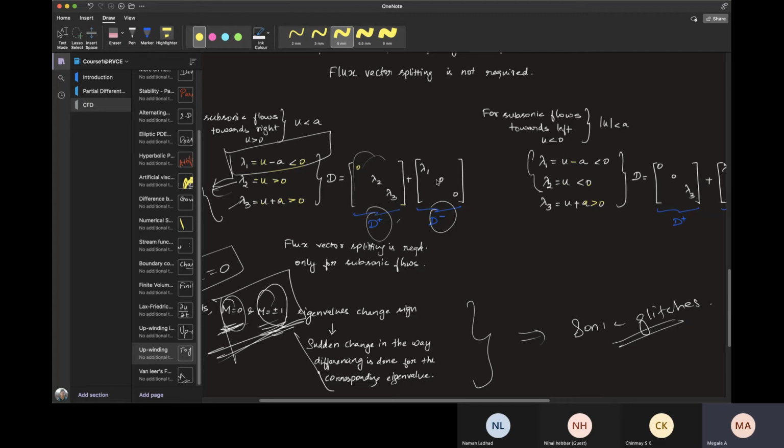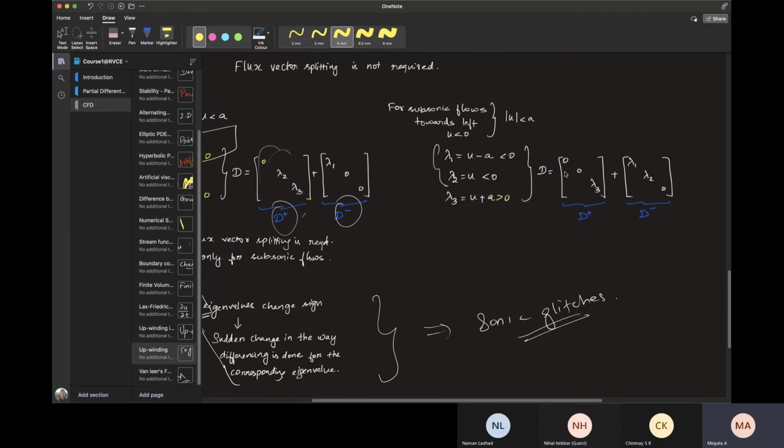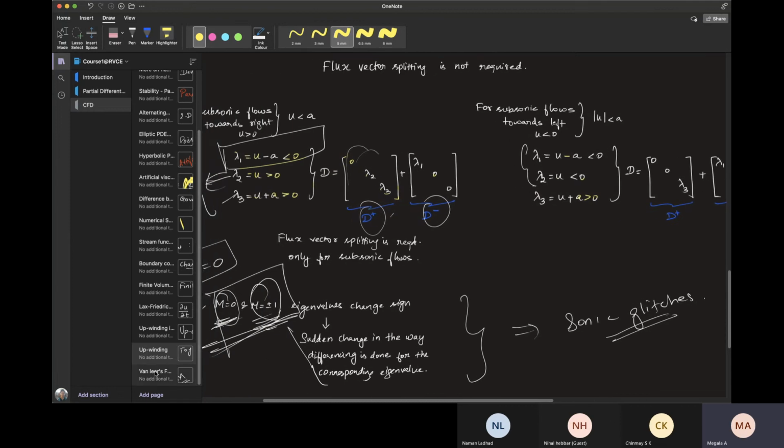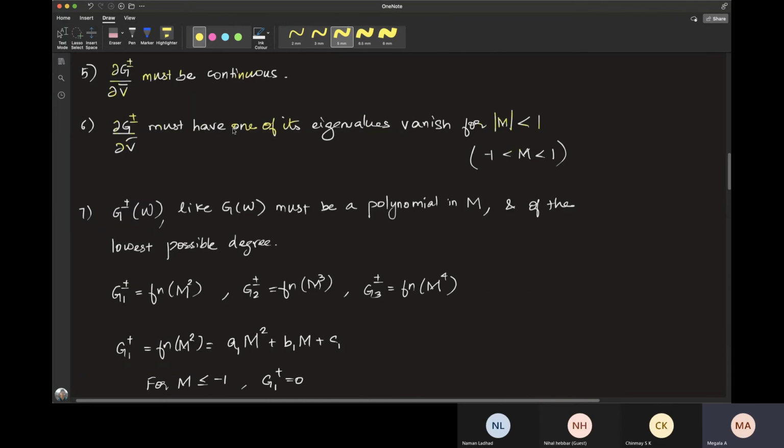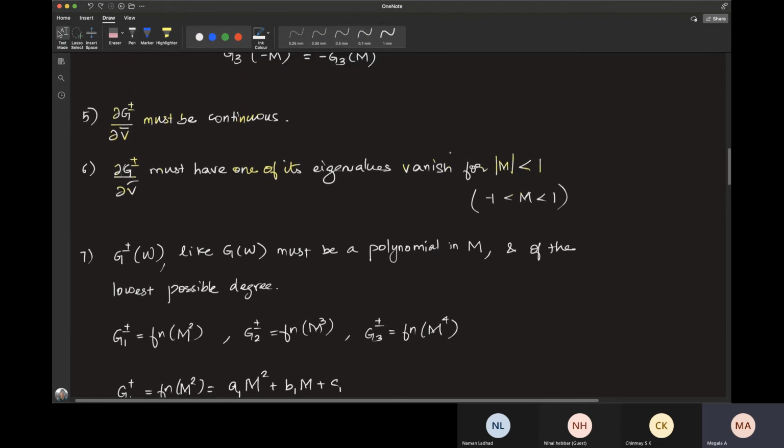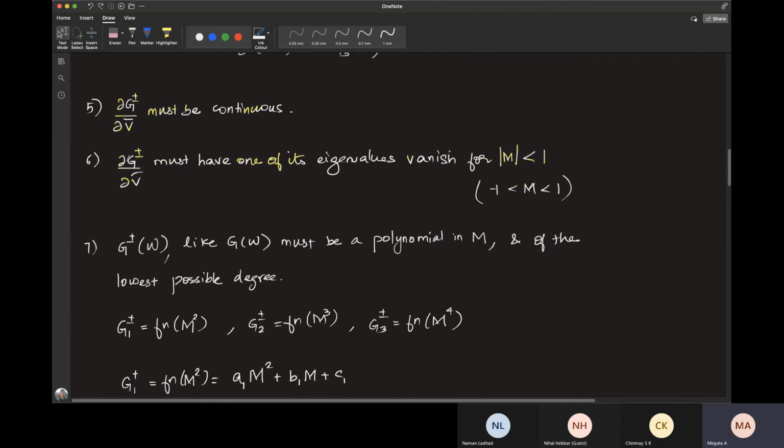In D minus also we must have at least one zero. If all three have the same sign, then all three elements here will be non-zero. But since at least one of them has a different sign from the others, D plus and D minus will have at least one zero element. So he wants in both cases at least one zero element in the diagonal. That's what he says here: this must have one of its eigenvalues vanish, that is, become 0. At least one of the eigenvalues of this matrix, the positive and negative matrix, must go to 0 for subsonic flows.